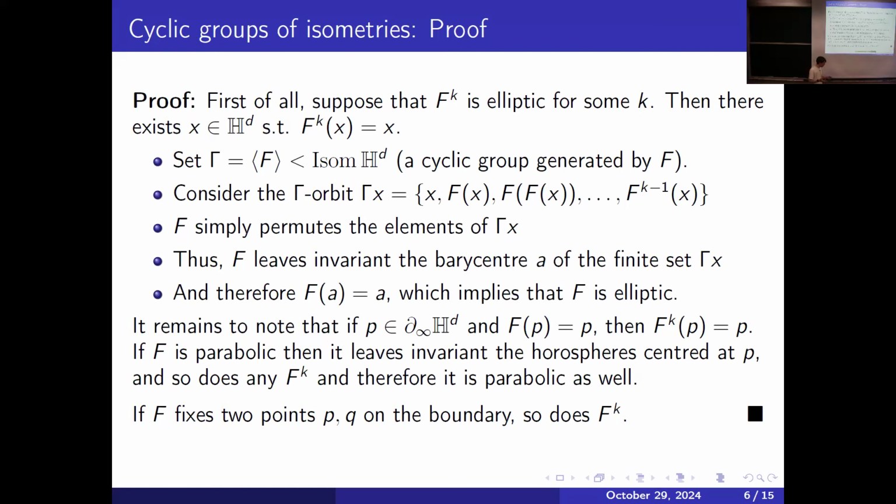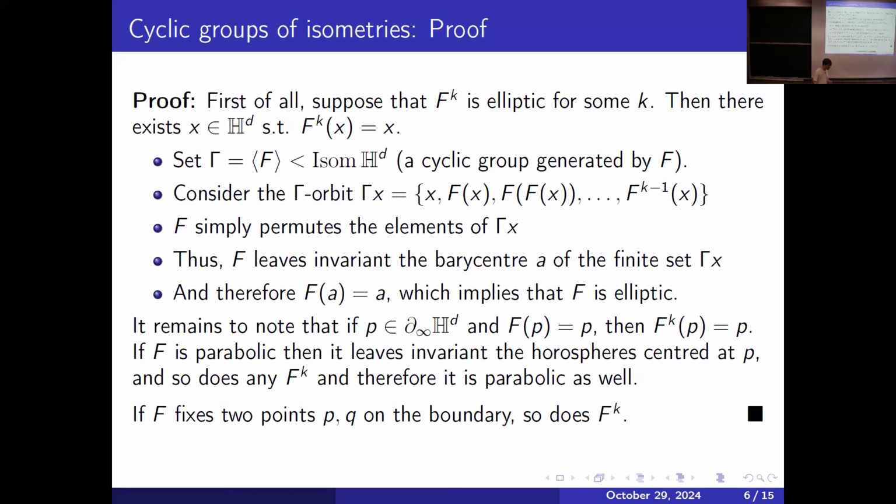So one should be careful with this classification, right? If you found 2 fixed points, it is not enough. Elliptic isometries have fixed points from the boundary as well, right? So for example, reflections. So what you basically need to check is that you have precisely P and Q.